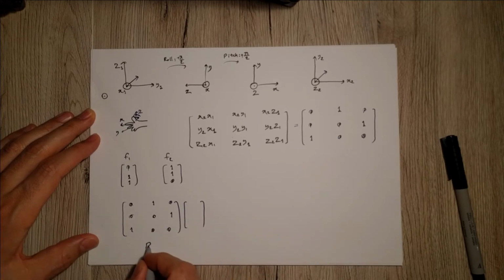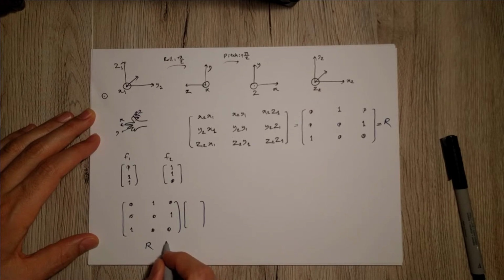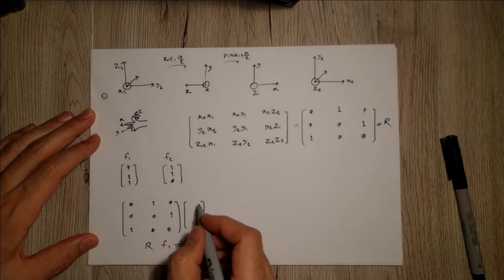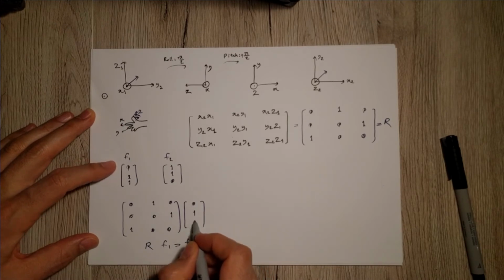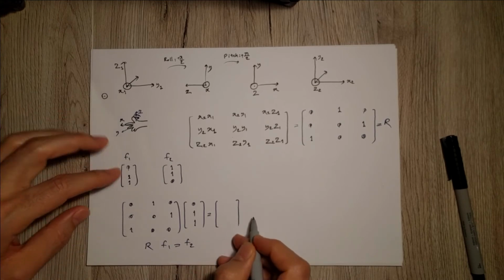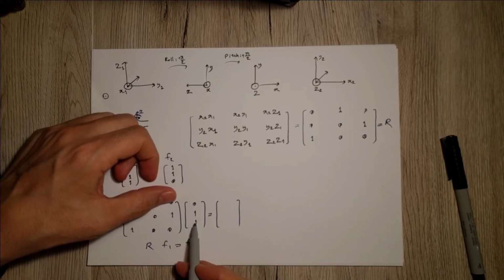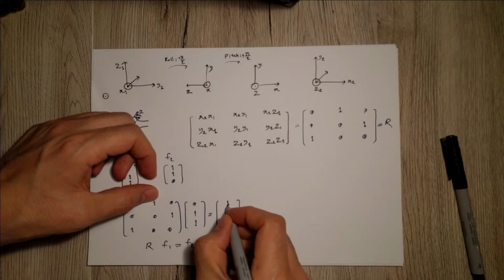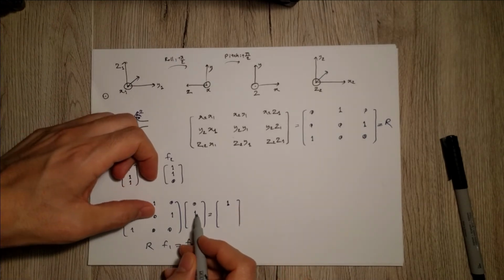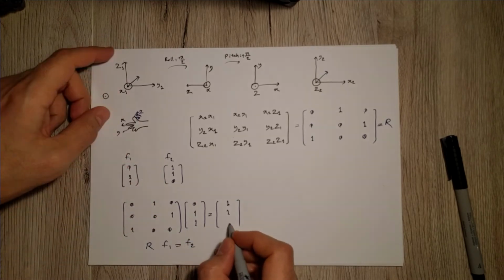So basically R multiplied by F1, 0, 1, 1. Okay, so 0, 1, 0, so only 1. 0, 0, 1, and 0, 0, 0.